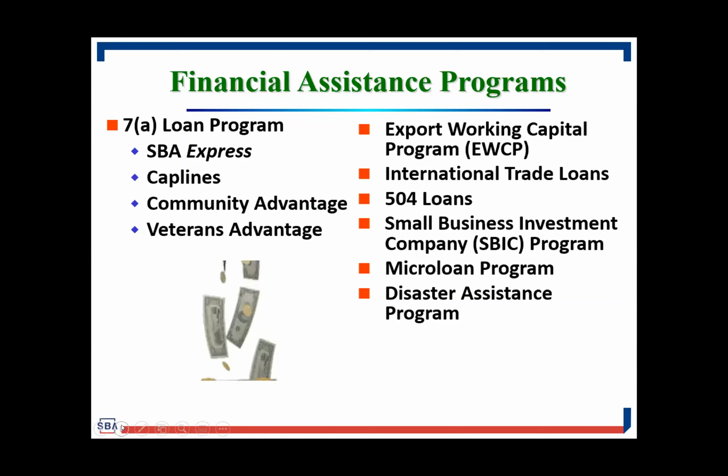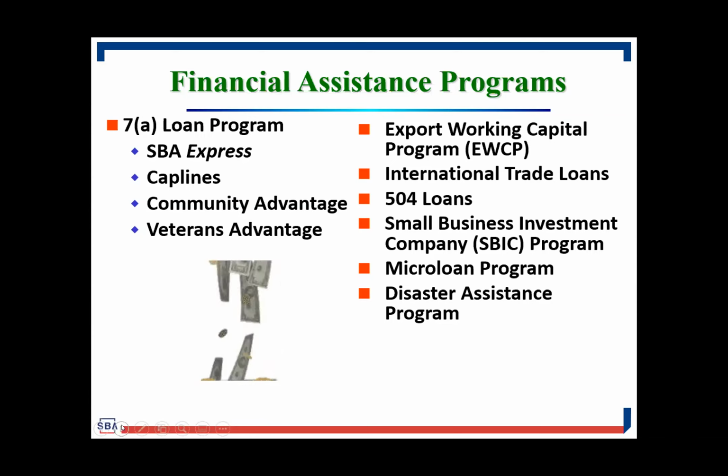For those who are interested in exporting and international trade, we have assistance available to you. If you are looking to purchase owner-occupied real estate, then the 504 loan program under our Certified Development Company program would be of value to you. And for the small business investment companies, where SBA has approved these SBICs to invest in small businesses, we're going to talk about that.